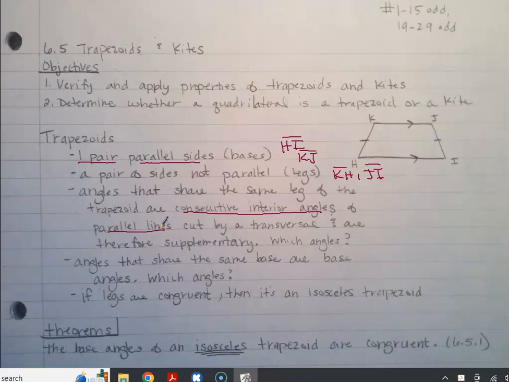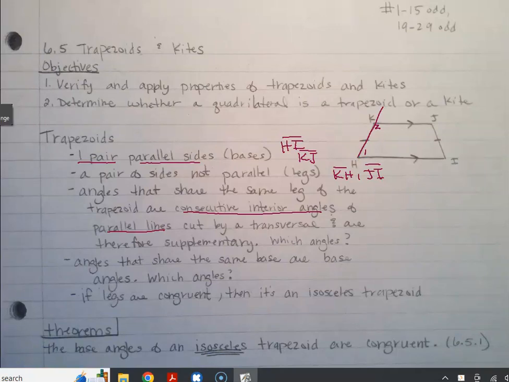They share the same base. H and K, so I'm going to put over here angle 1 and 2. Those are consecutive interior angles because they share the same leg. It's saying they are consecutive interior angles of parallel lines.